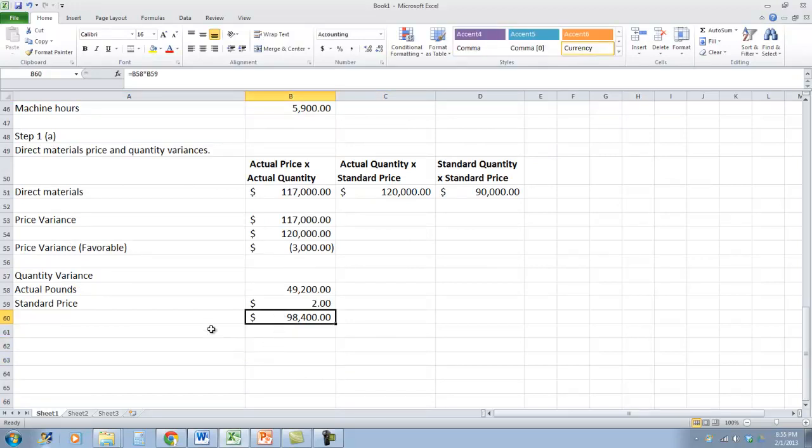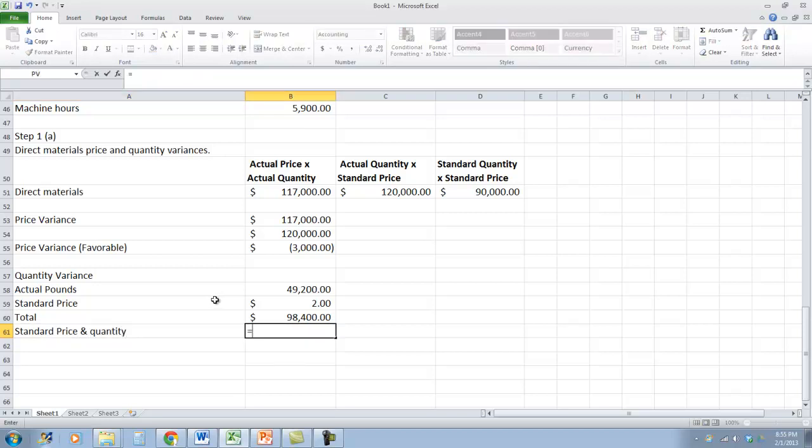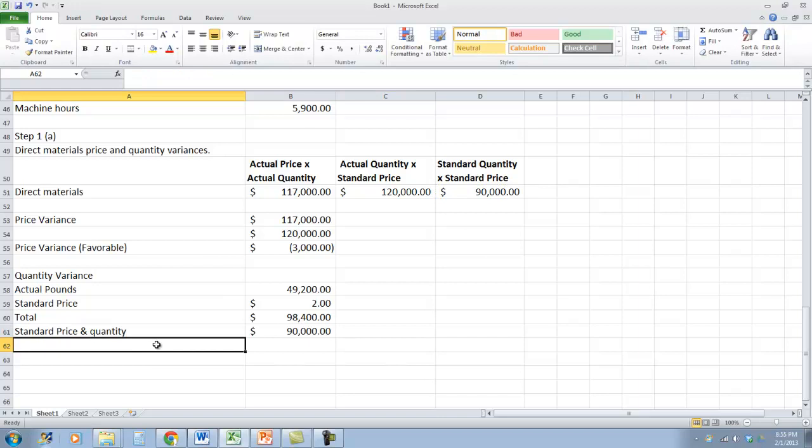So we have 98,400. But our standard price and quantity should be 90,000.